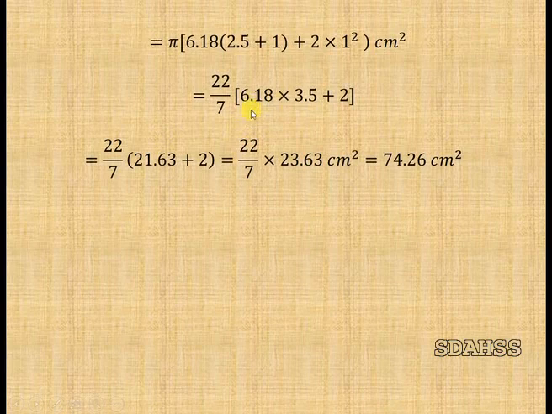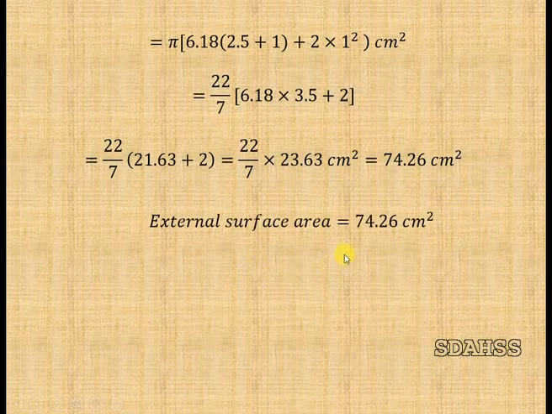Then if you multiply 6.18 into 3.5 you will get 21.63, plus 2, equal to 22/7 into 21.63 plus 2, 23.63. If you multiply and divide by 7 you will get 74.26 centimeter square. So external surface area is equal to 74.26 centimeter square.